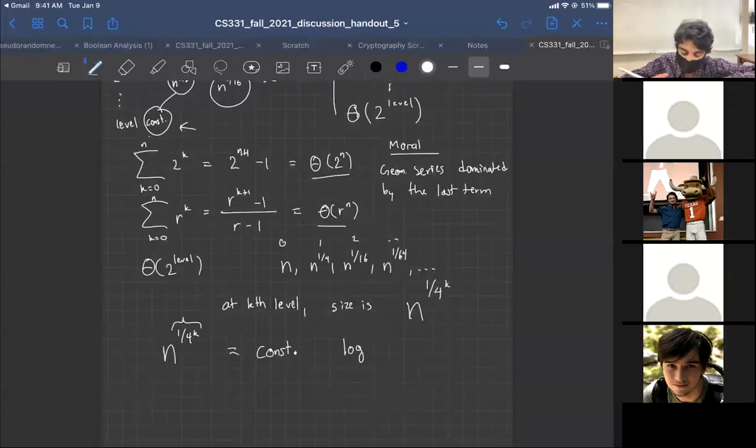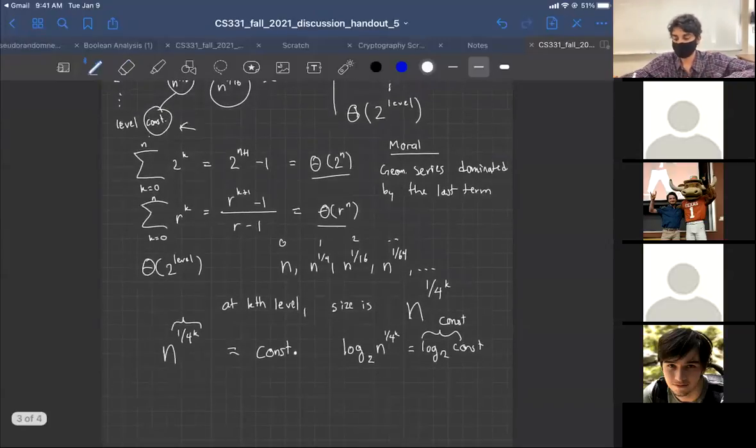It doesn't matter what log we choose. Let's say we choose log base 2 to be consistent. So n to the 1/4 to the k equals the log of a constant. The log of a constant is again a constant.